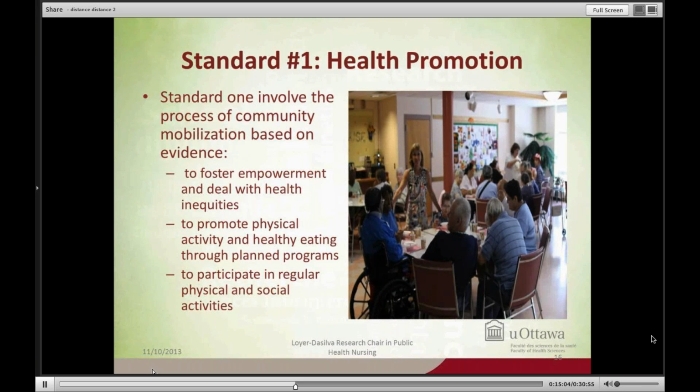The first standard here involves the process of community mobilization based on evidence. We use the research that we create to foster empowerment and deal with health inequities, to promote physical activities if that's what the particular research shows, but also to participate in regular social activities, using the current evidence that we have.